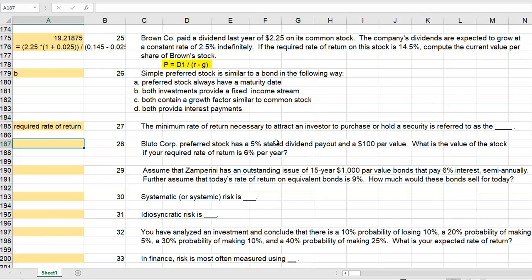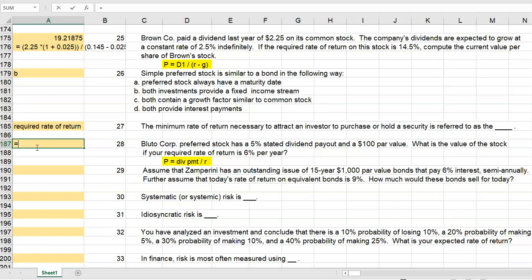Bluto preferred stock has a 5% stated dividend payout and $100 par value. What's the value if your required rate of return is 6% per year? The price is equal to the dividend payment divided by the required rate of return. That's the formula, so let's do that.